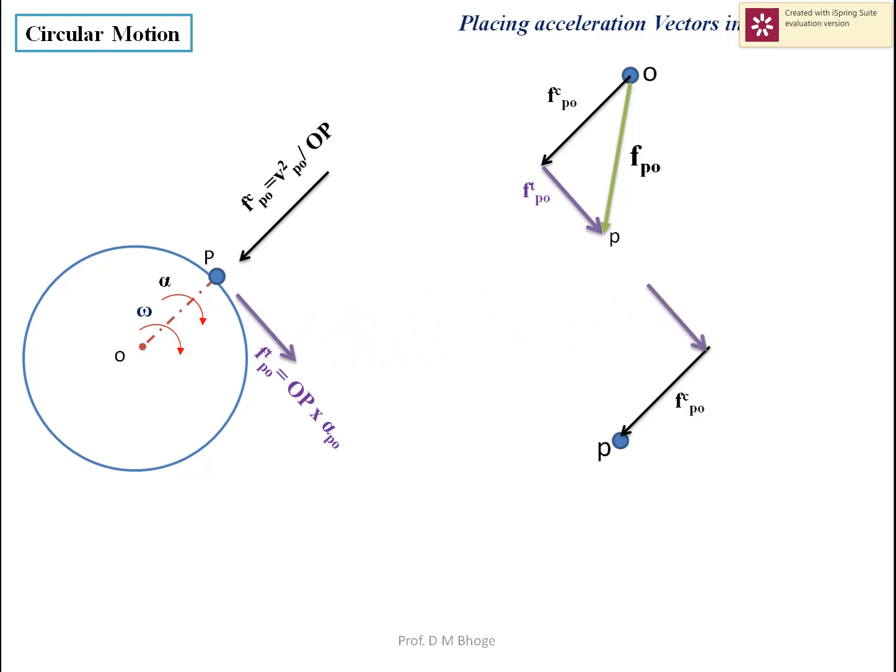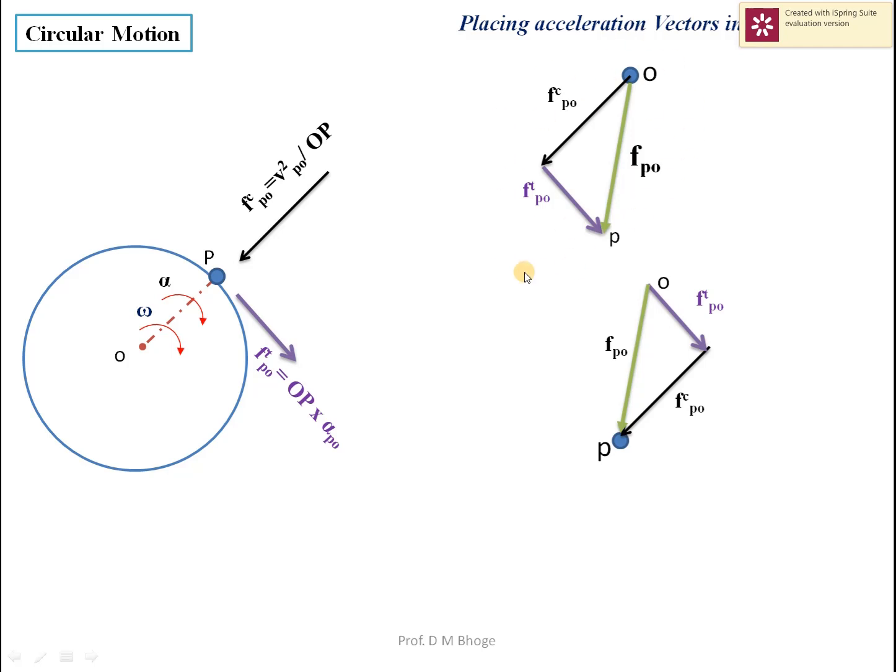So this is FTPO. We have added FTPO to FCPO by placing the vectors tail to head. Now the resultant, we know that resultant FPO is given by vector OP. P should be the end point of the resultant. So here is our resultant FPO. The tail of the resultant is O and the head is P. So we have successfully added both these vectors.